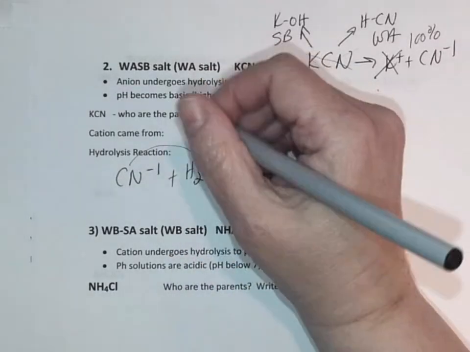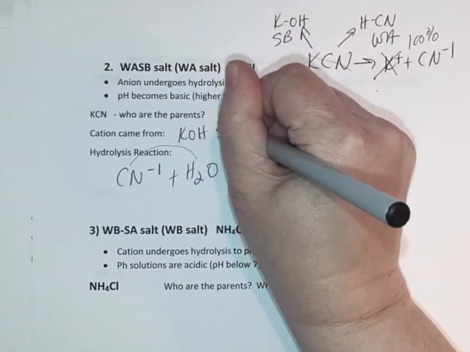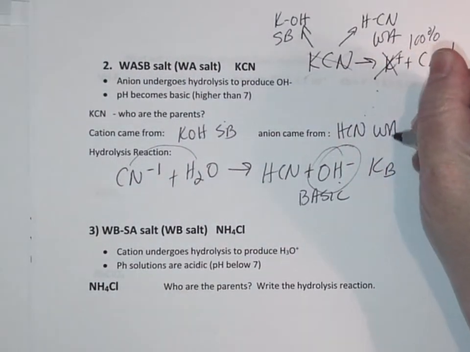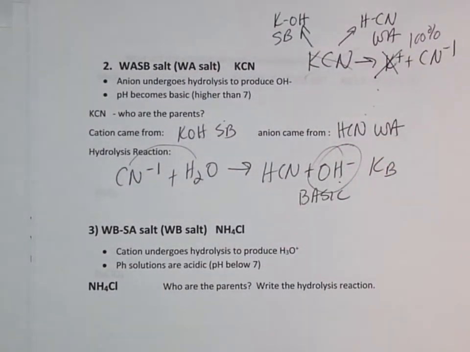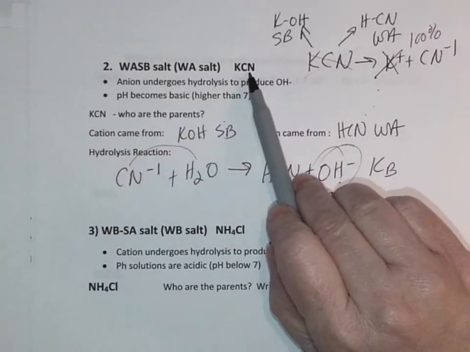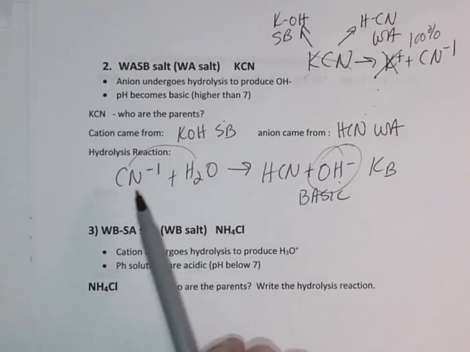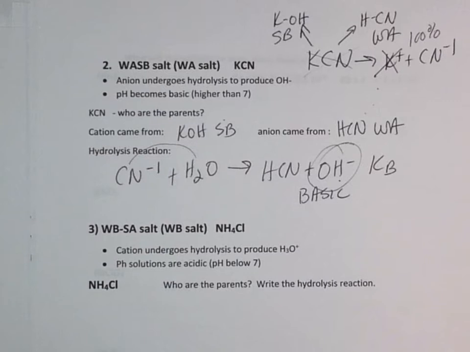So the cation came from a strong base, and the anion of the acid came from a weak acid. Those types of salts then make basic solutions. Literally, if you took the salt, put it into water, and put a pH paper in it, you would get a base pH because of this hydrolysis reaction.